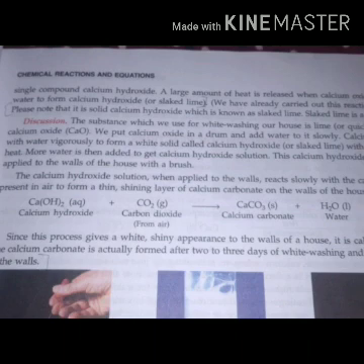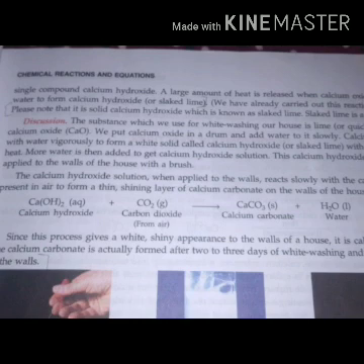As soon as we add water to calcium oxide, it reacts very vigorously and results in the formation of a white solid called calcium hydroxide, or slaked lime, with the evolution of heat. And during this reaction a lot of heat will be liberated.